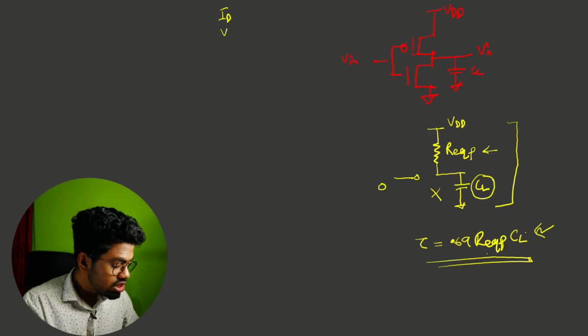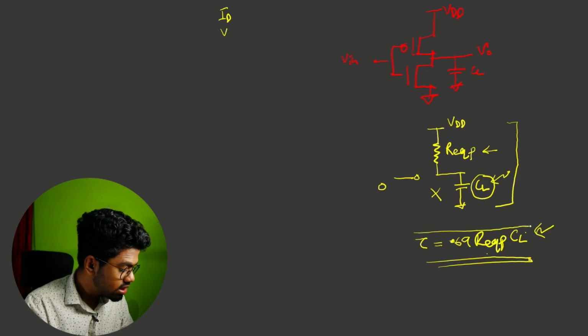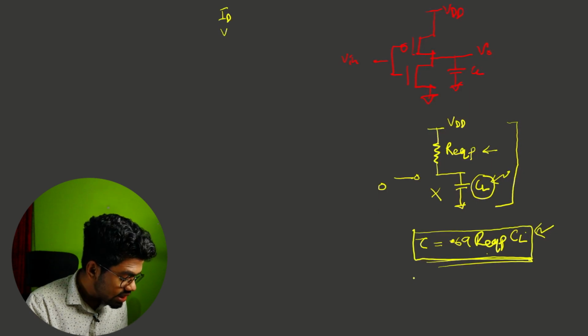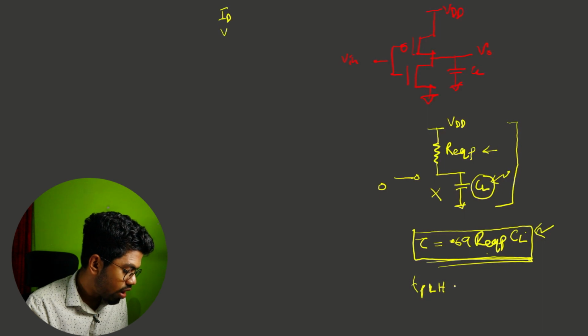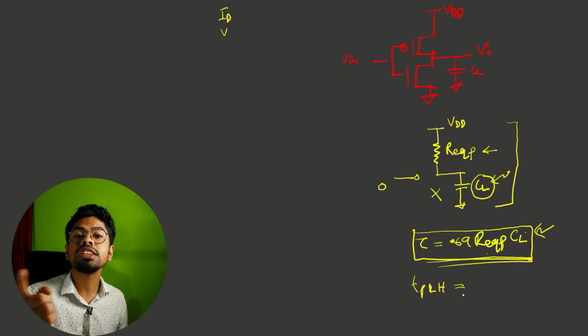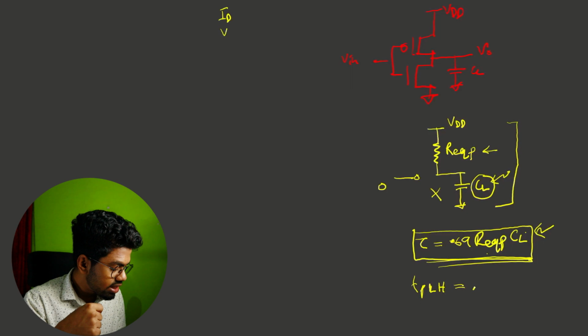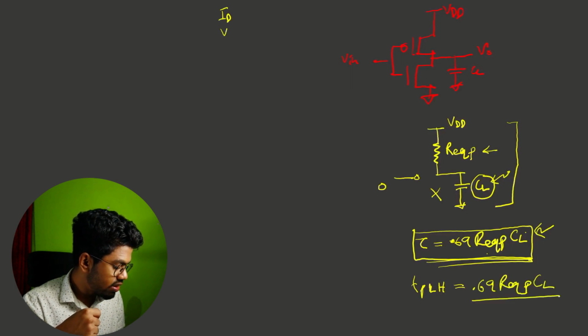So the time to charge this CL through this R equivalent is given by this formula, and this is nothing but your delay going from low to high. Our output was at low, but we are charging it through VDD, and that is nothing but 0.69 R equivalent P and your CL, right?